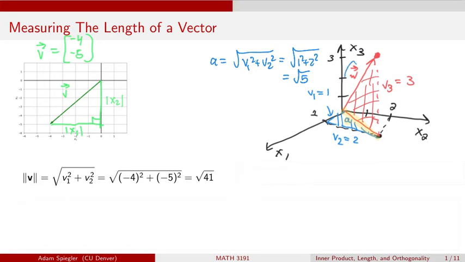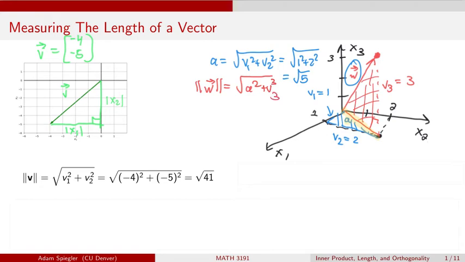And now we can figure out the length of w by using the Pythagorean theorem again. So now we can say that the length of vector w is going to equal the square root of one side of its triangle, which is A, squared, plus the other side of that triangle squared, which in this case is v3.